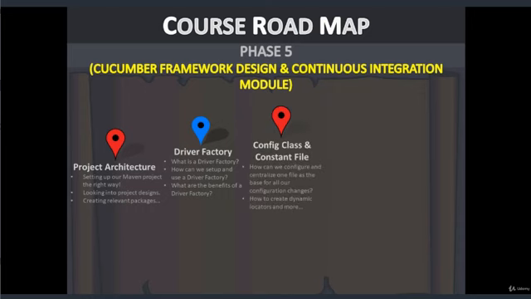We'll then be looking at a configuration class, so creating a configuration class to read data from a properties file. We'd also create a constant class, and inside that constant class we're going to house dynamic locators or directories which will enable us to copy and paste our project to different locations, and it's going to do all the hard work for us so we don't have to keep updating.